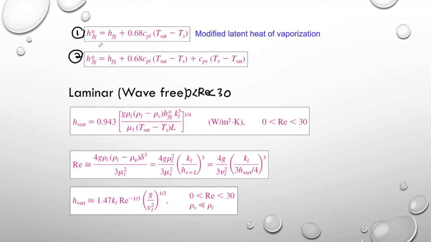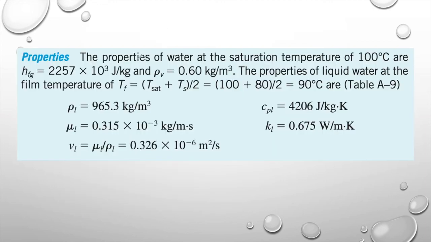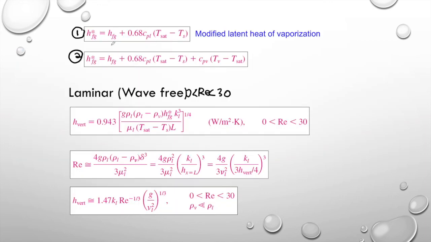We use equation number 1, since our problem is below T saturation. Number 1 is below T saturation, number 2 is greater than T saturation. Plug in all the property values and substitute into this equation to get the value of HFG.